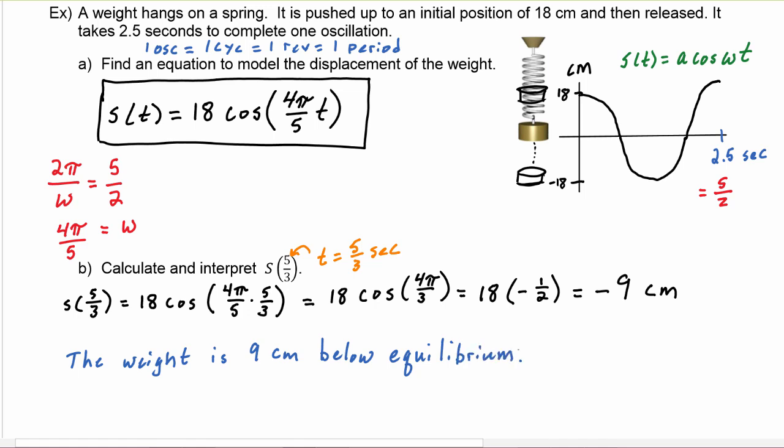And that's what they're asking you to do when they're asking you to interpret. What they want you to show is that you understand that if the position is negative 9, that means that the weight is 9 centimeters below the equilibrium point.